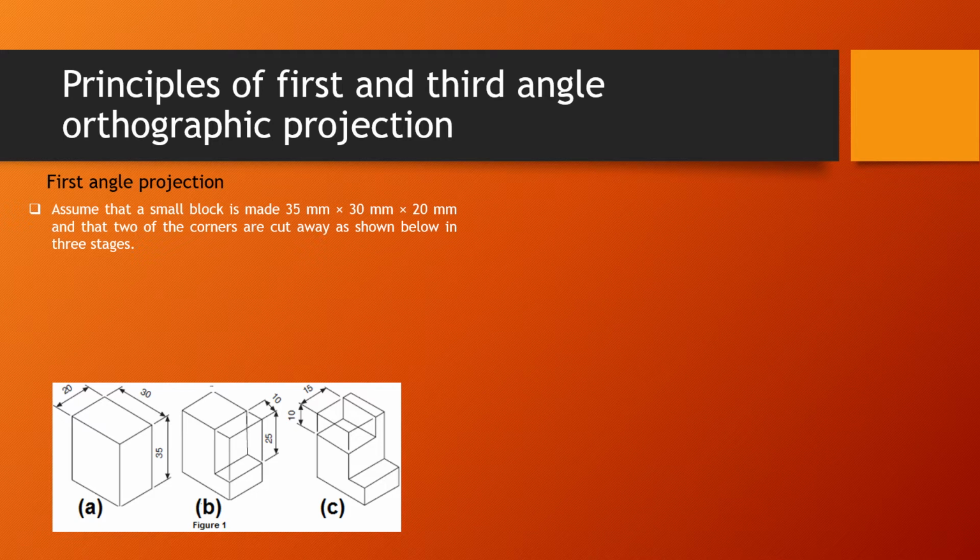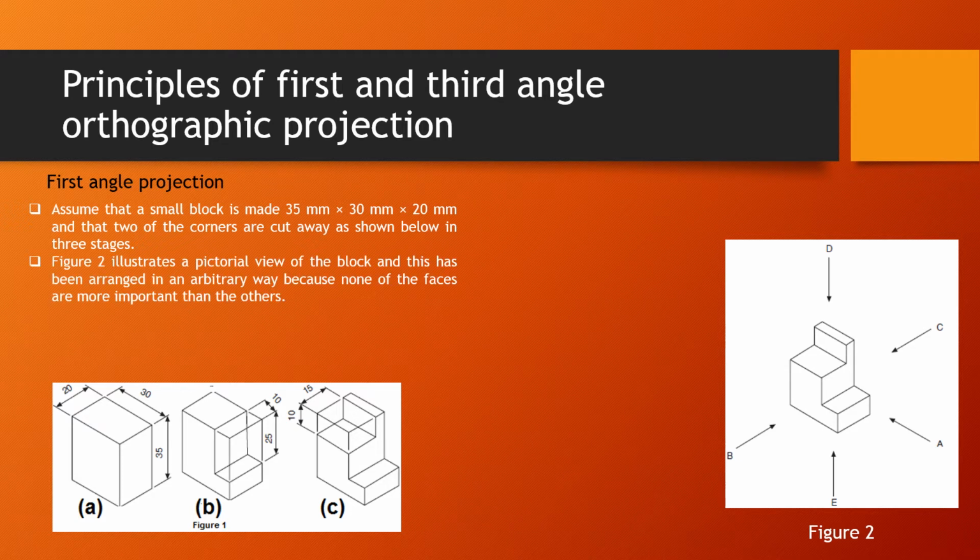Assume that a small box is made 35 millimeter height, 30 millimeter length and 20 millimeter width, and that two of the corners are cut away as shown in the three stages in figure 1. You can see it.